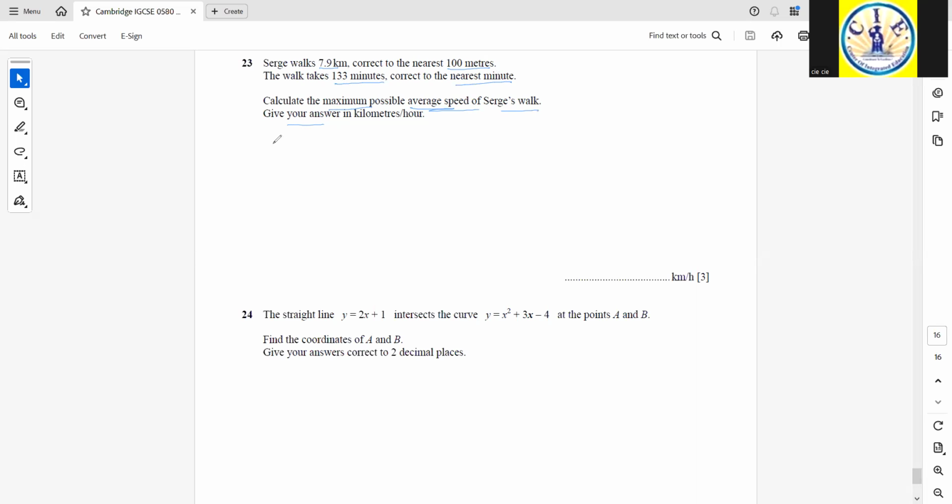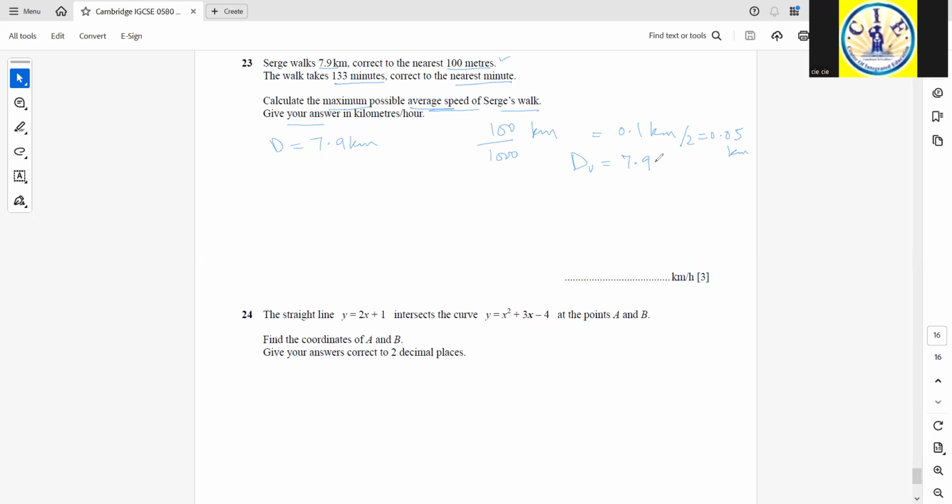Okay. The distance is 7.9 kilometers and the accuracy is 100 meters. Let me convert it into kilometers by dividing by 1000. So I get 0.1 kilometer. For the upper bound of the distance, I need to have 7.9, and then dividing 0.1 by 2, I get 0.05 kilometers.